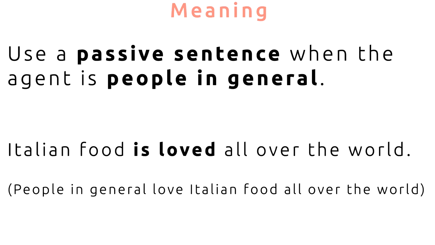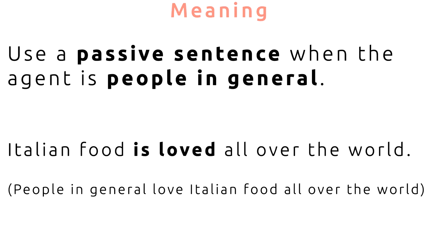We can also use a passive sentence when the agent is people in general. So the example says, Italian food is loved all over the world. This simply means people in general love Italian food all over the world.